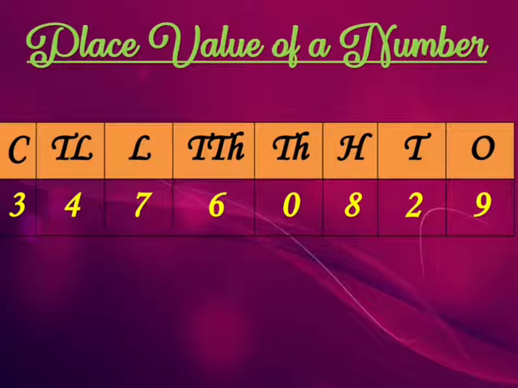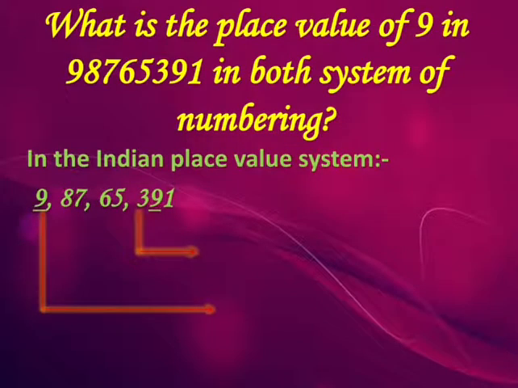Since place value is made up of 2 words, place and value, place is the place of your number system, that is ones, tens, hundreds, and value is the value of the given digit. So if I ask you to give me the place value of 6 in 6,000, you will write the digit and then you will write the place.